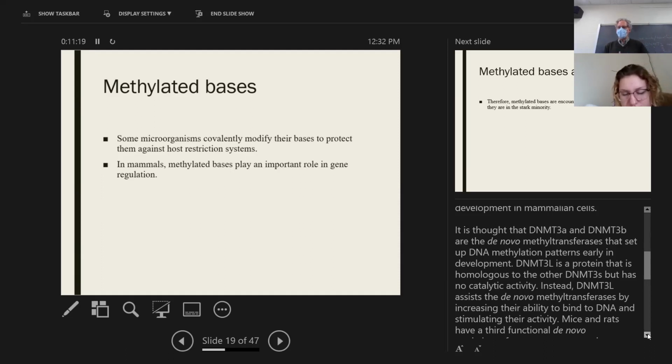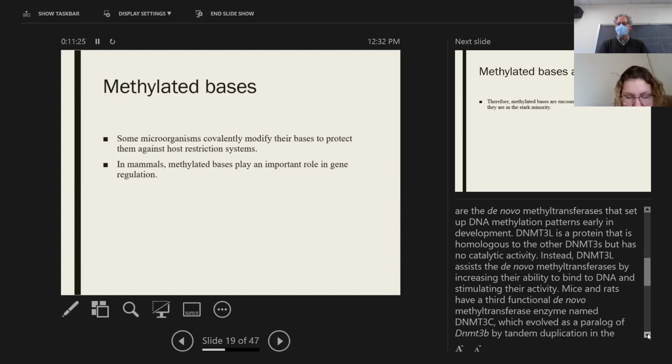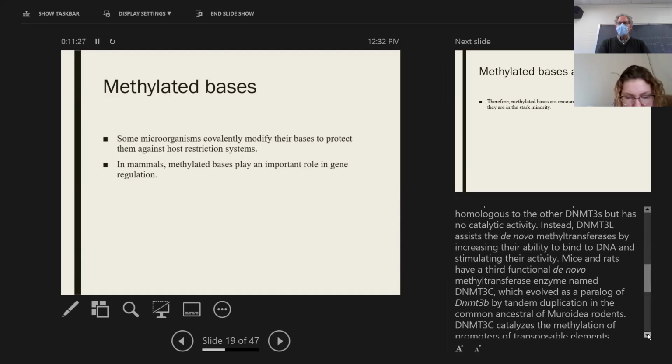There are other ones, for example, there's a 3S. The 3S doesn't seem to have any enzymatic activity. And then rats and mice have another version of 3B. It's called 3C.